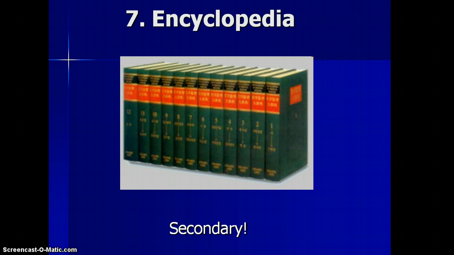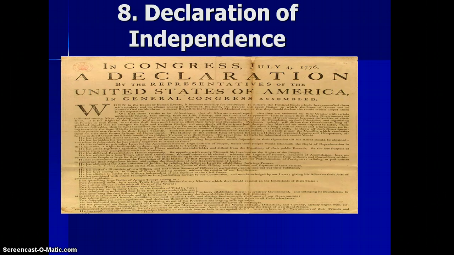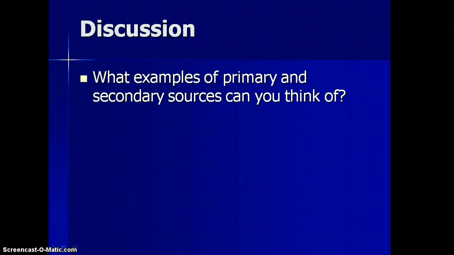Again, it contains topics on things from now, from the past, and the person that compiled this information was not there, so secondary. Next, Declaration of Independence. So a historical document, primary or secondary, and this is our last example. Alright, if you said primary, you are correct.